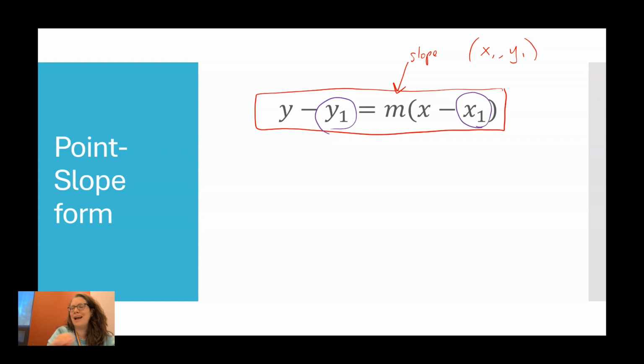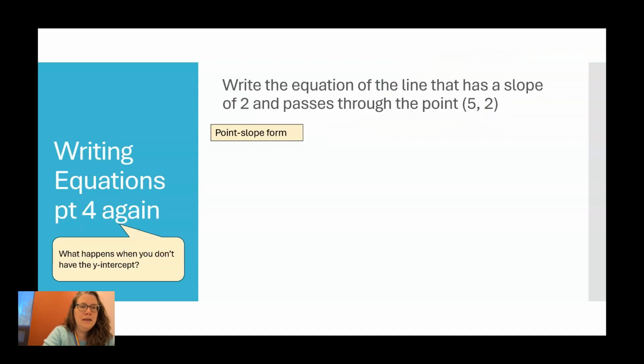So we're going to do that exact same problem, but using point-slope form instead of solving for b. So let's look at that. So we've got the exact same slope and point. This is my x1, y1. And this time we are going to solve it using point-slope form. So that's my formula.